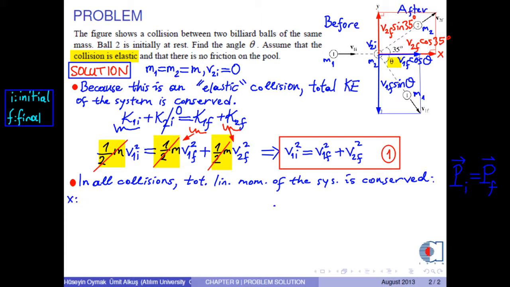The x component of the initial momentum is only due to ball 1, because ball 2 is initially at rest. Then we write m times v1I for the x component of the initial total momentum.